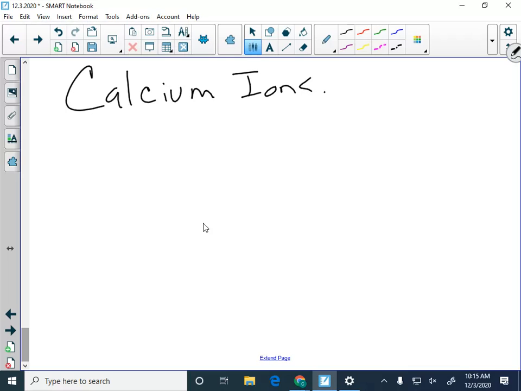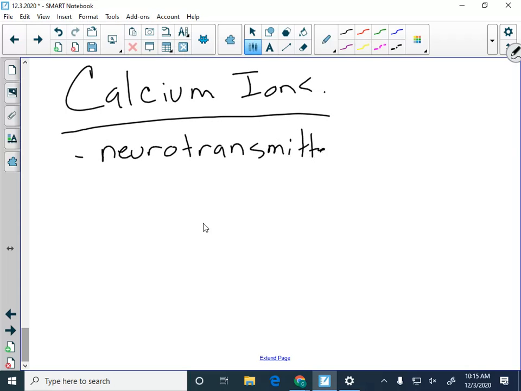These are really important neurotransmitters. Calcium is good for your brain, good for your muscles, because it is our signaling molecule to get through neurosynapses. It can be used as a growth factor. It can be found in hormone pathways.